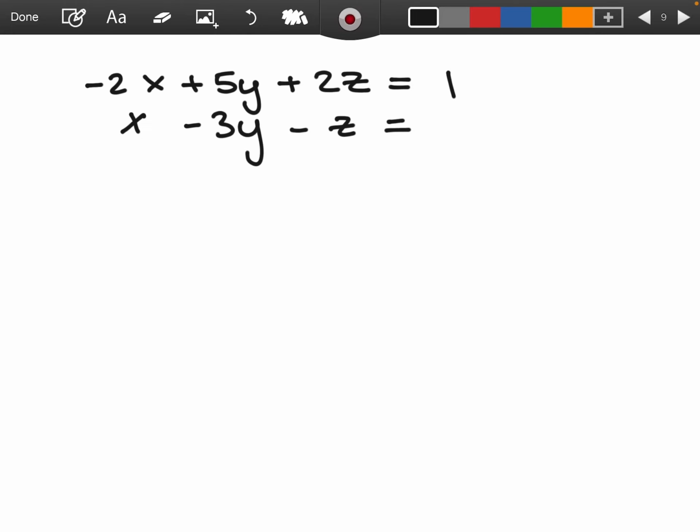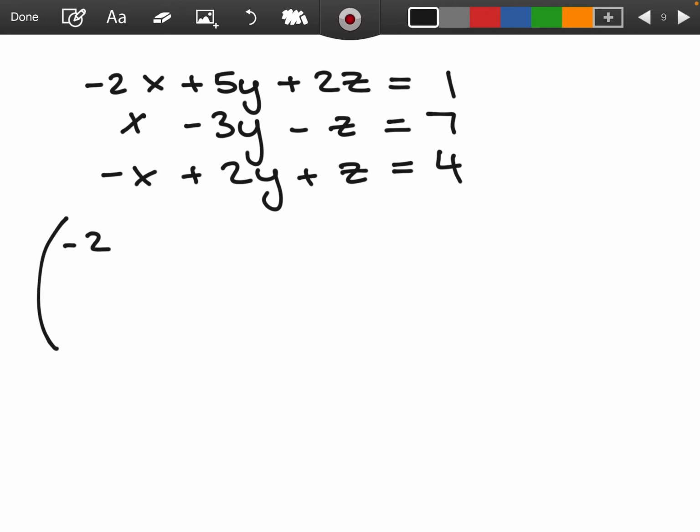I want to go back to looking at these as systems of equations. So if I were to have this particular system, I've got this system.